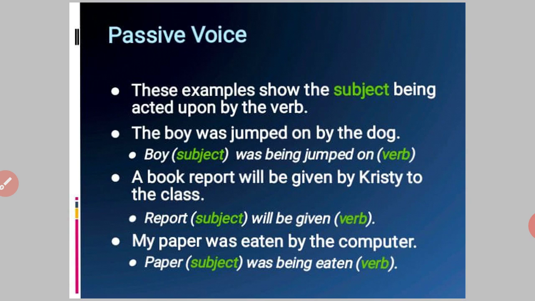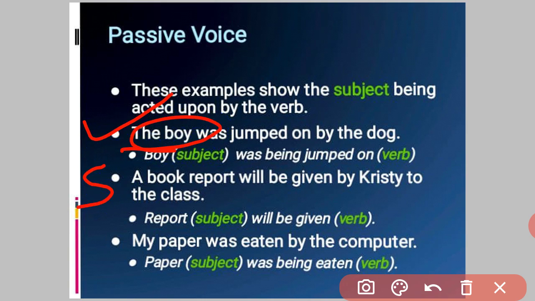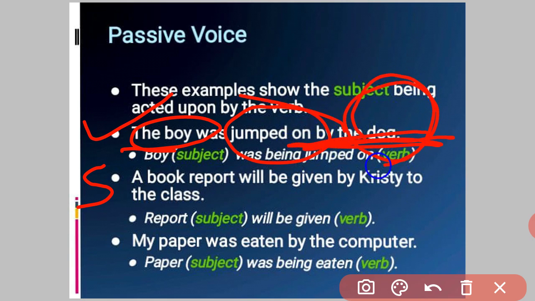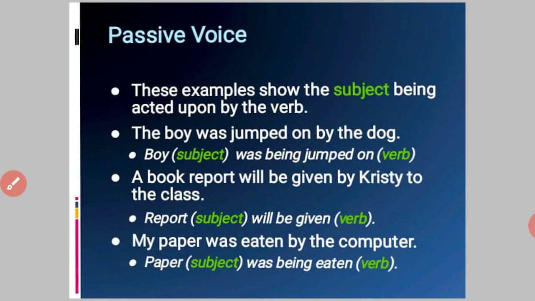In the first sentence, the boy is your subject, was jumped on by the dog. So your subject is not active here. Boy is the subject, was being jumped on by the dog.